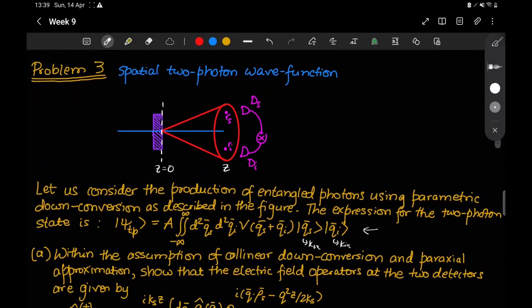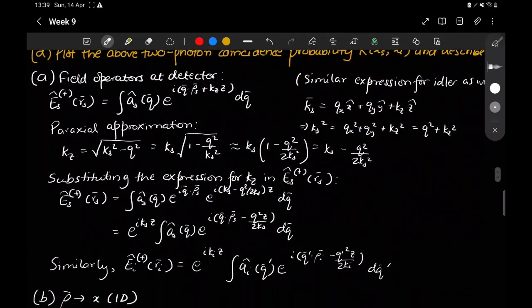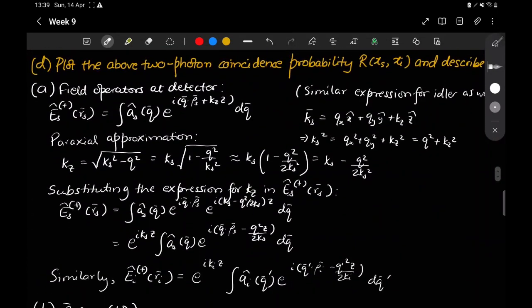Okay, so let us now discuss. Let me quickly go over part A. The field operators at the detector were given by this expression over here. Then we made use of the paraxial approximation, where that approximation comes into play at this step. Why?